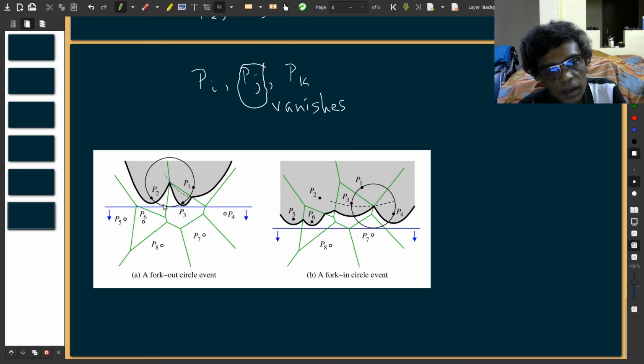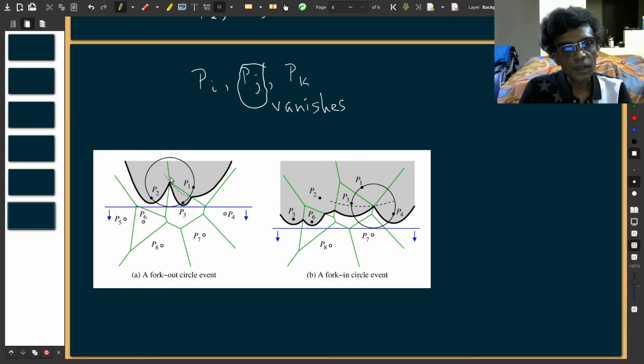Starting from one, you are getting two different things. How do I detect a fork out case? If I see that this earlier intersection was P2 and P1, it was already semi-open, open at infinity, we know one end. Now you have seen its other end, so it has to be closed, and then two new lines or edges in the Voronoi diagram will begin. So one forks out to two. This is called fork out event.